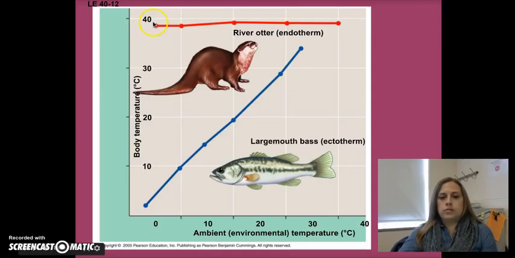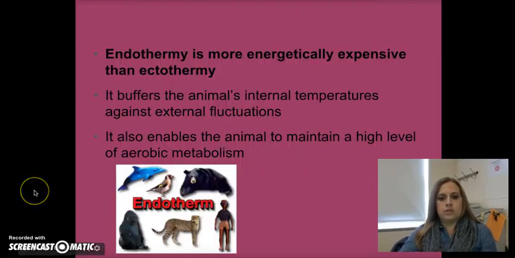So if you look at the river otter, it doesn't really matter what temperature water he's in. His body temperature is always fairly steady. However, the fish tends to vary greatly with the temperature of the water. So he's an ectotherm, and he can tolerate this large variation in internal temperature, and his internal temperature tends to vary with the environmental temperature, whereas again, the endotherm stays constant no matter what the temperature in the environment is.